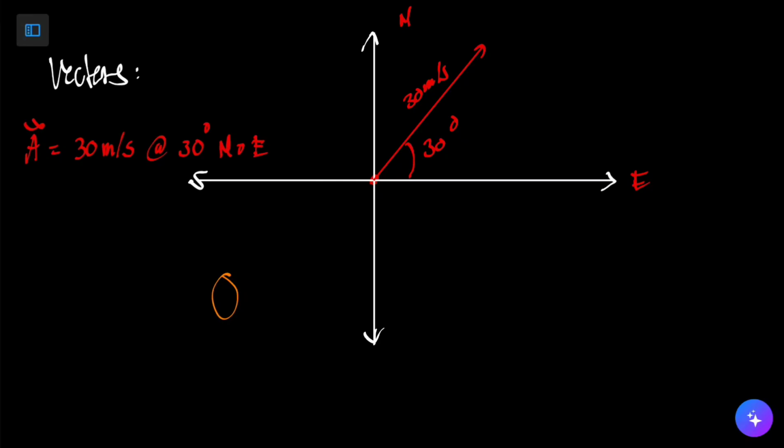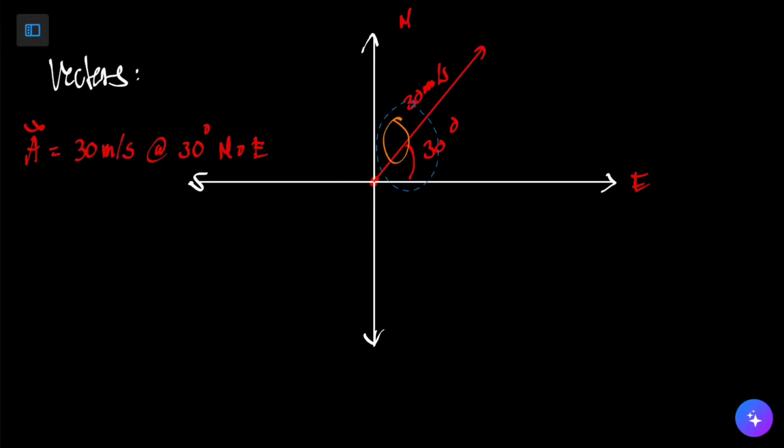So let's say this is your projectile, and it is moving 30 meters per second at 30 degrees north of east. So it's moving like this.